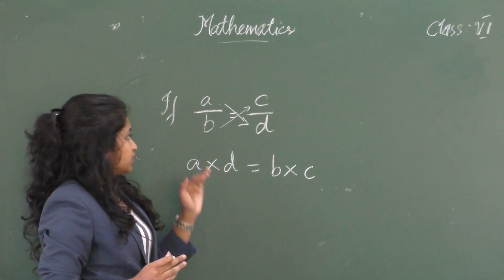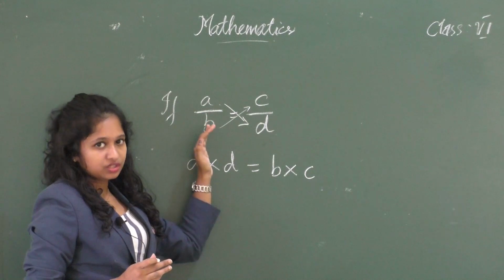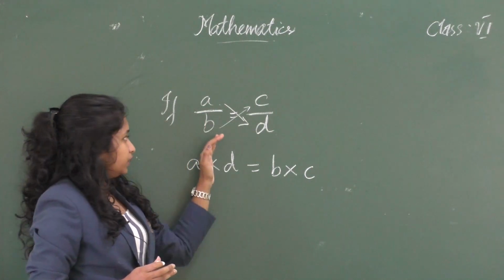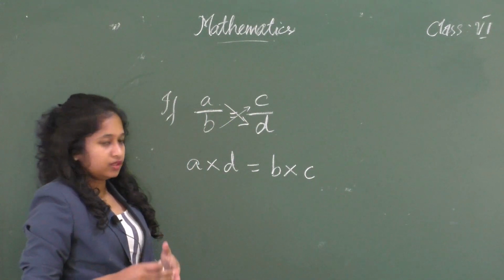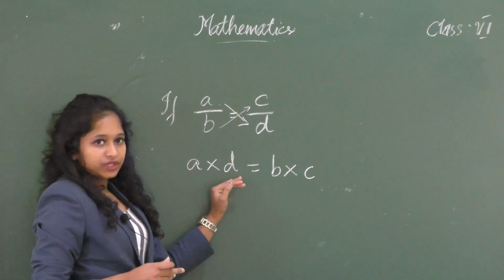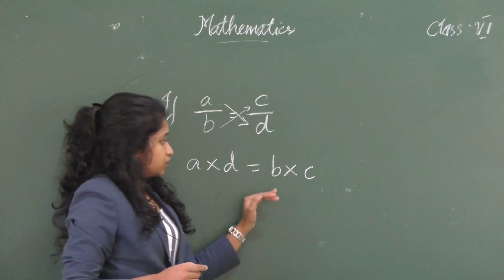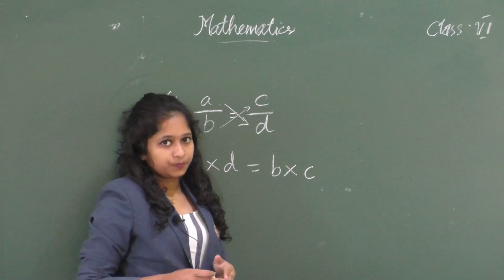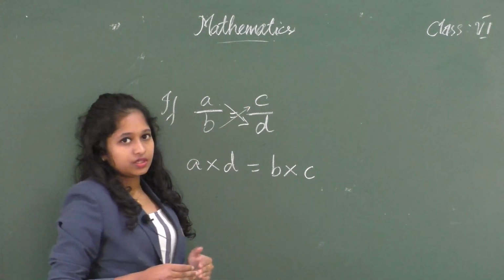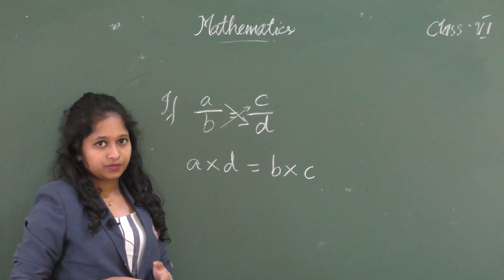So always when you have a fraction like this, a by b equal to c by d, then a into d will be equal to b into c, and this process is called cross multiplication.